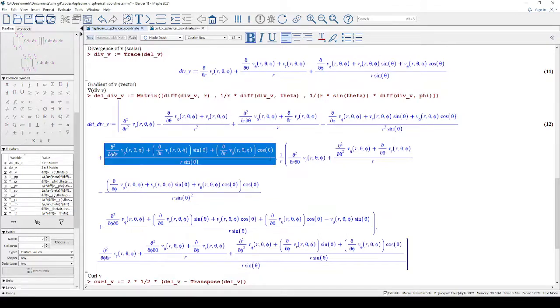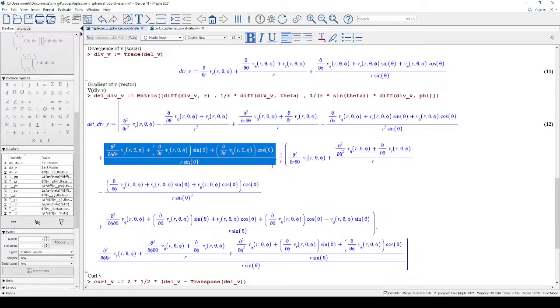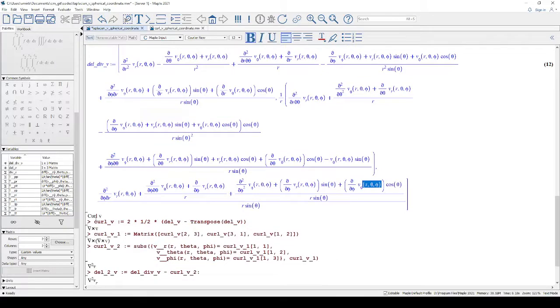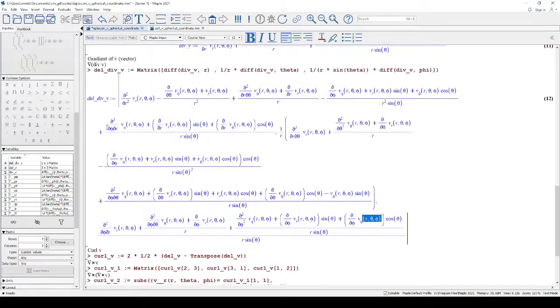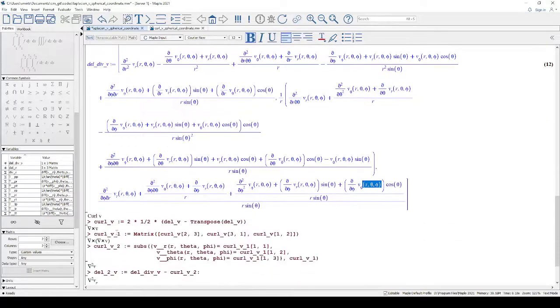So the first component, from here to here, is basically let's say the ER component, and this one from this gamma to here is E theta, and this component here is E phi.